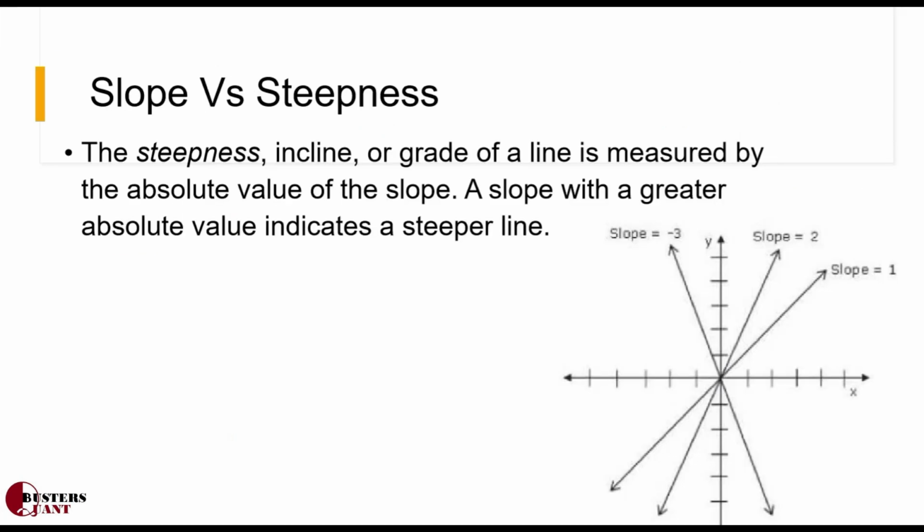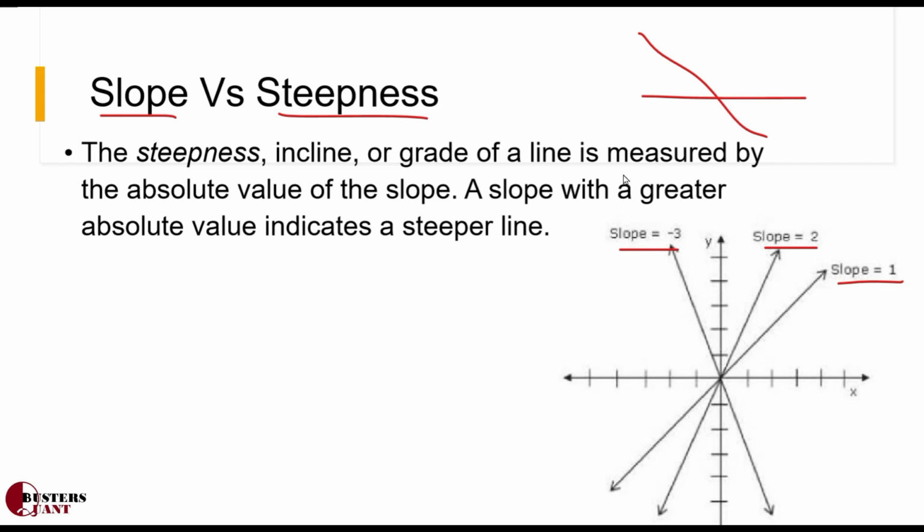Now, what is slope versus steepness? There is a small difference. In slope, we are concerned with the direction also. For example, let us see this figure. This line has slope 1, this has slope 2, this has slope minus 3. This line is like this, so the slope is negative.